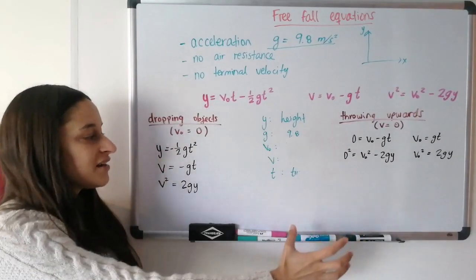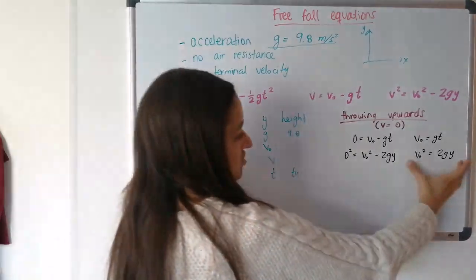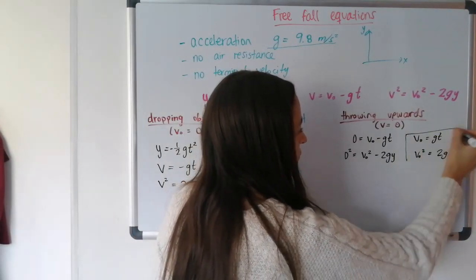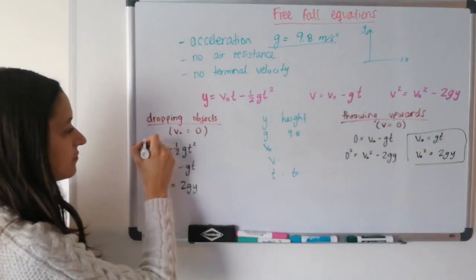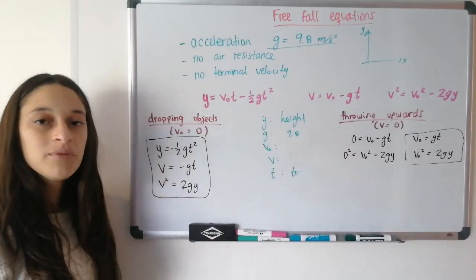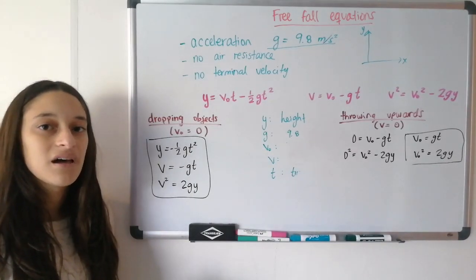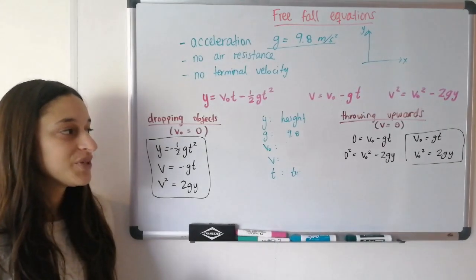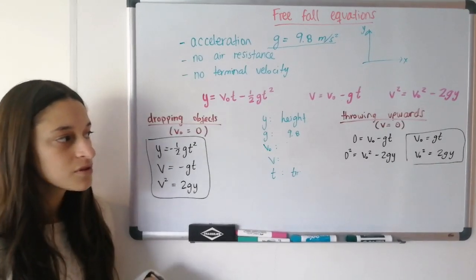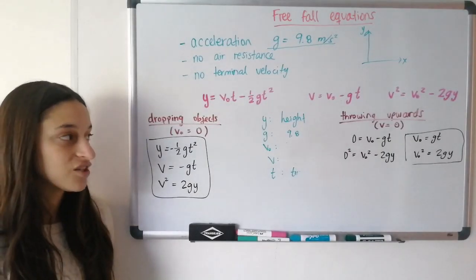Once you identify that, you have your set of equations that you can use, either these three or these two. And then you need to look in the problem and see what variable I'm giving you and which one I'm asking you for. And you need to choose the equation that has those two variables and use it to solve for the one that I'm asking you for.